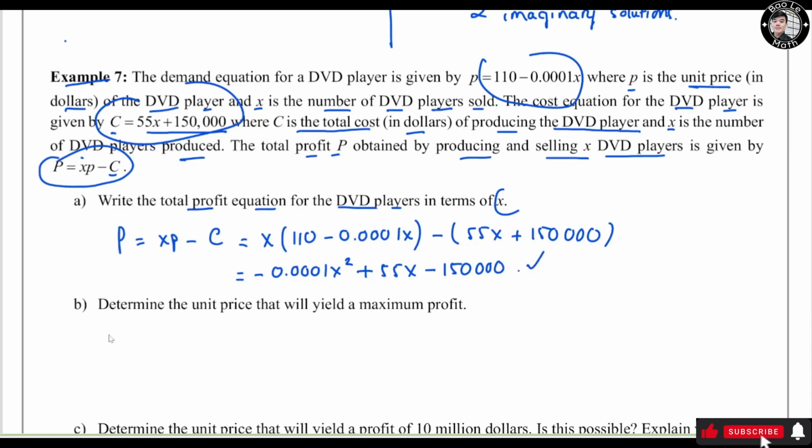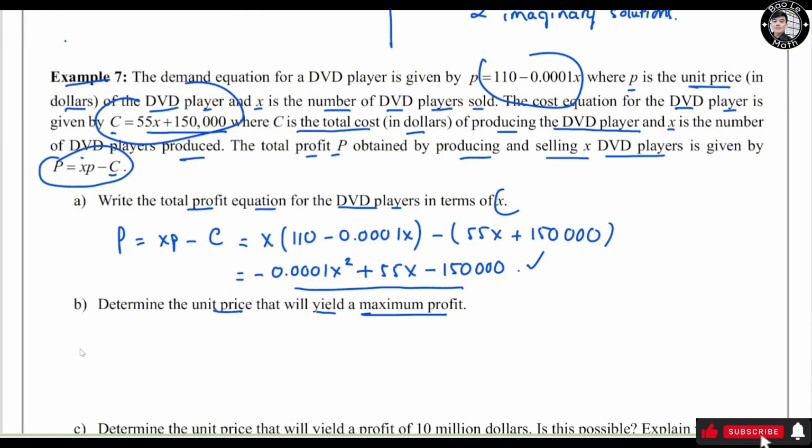Now question B. Determine the unit price that will yield a maximum profit. So this is actually a quadratic equation, right? A quadratic equation obtains its maximum at the vertex, right?